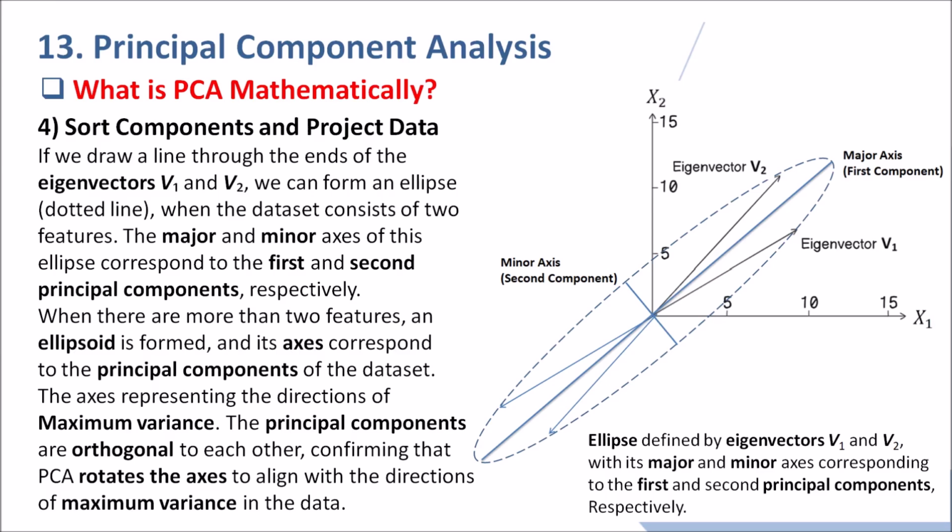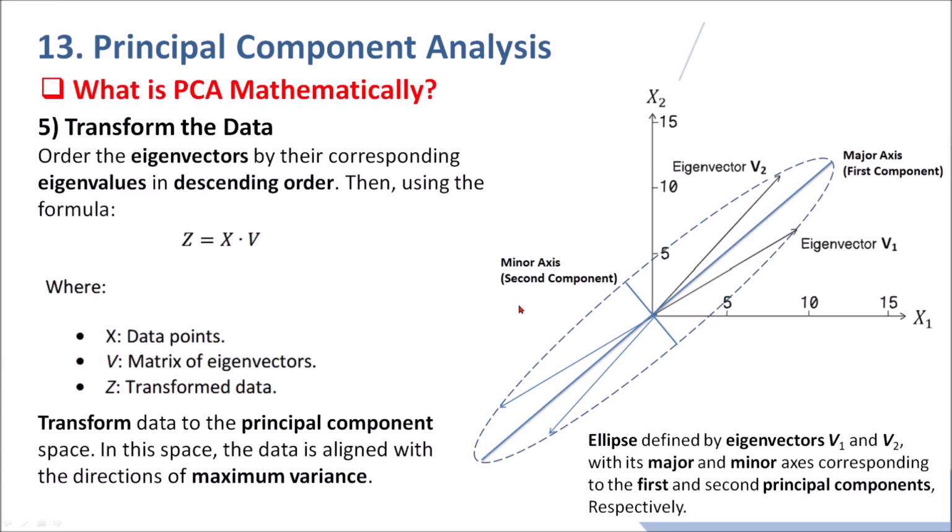At that time, instead of an ellipse, we need to draw ellipsoids. The major or minor axes of those ellipsoids correspond to the first, second, or third principal component. This is the meaning of the principal component mathematically. Therefore, now we have a pretty good understanding of PCA mathematically.